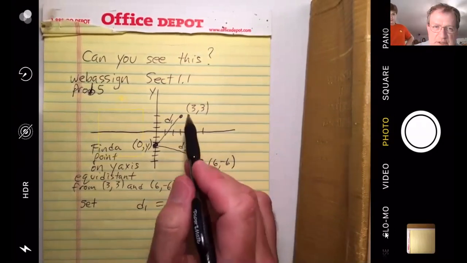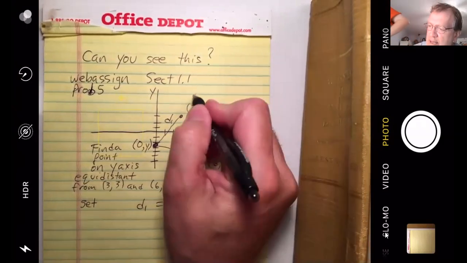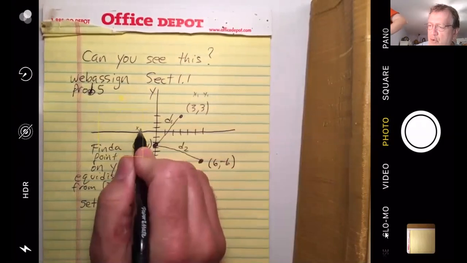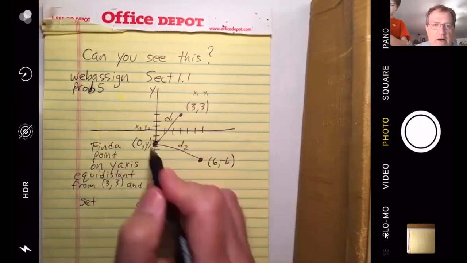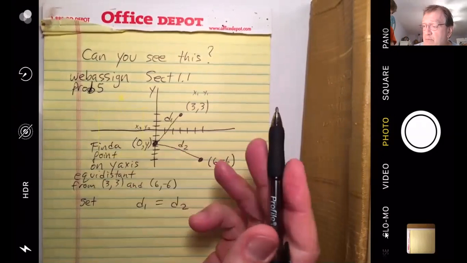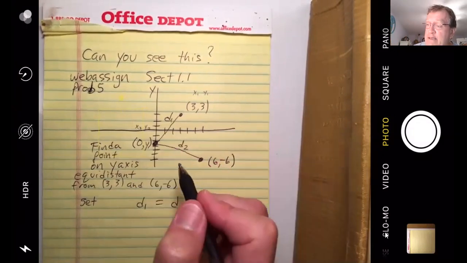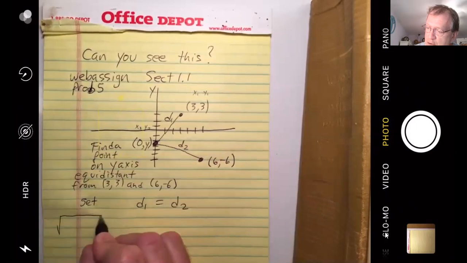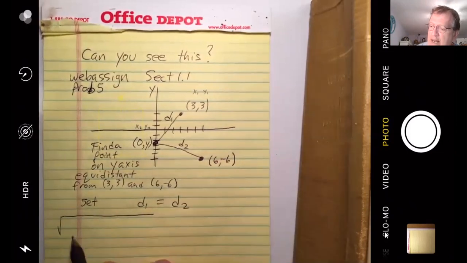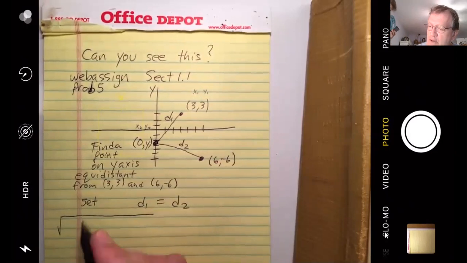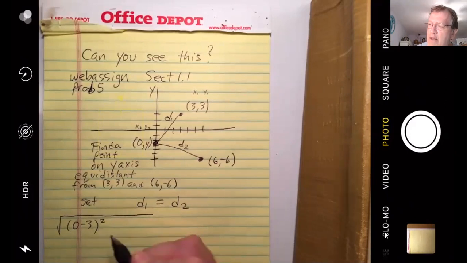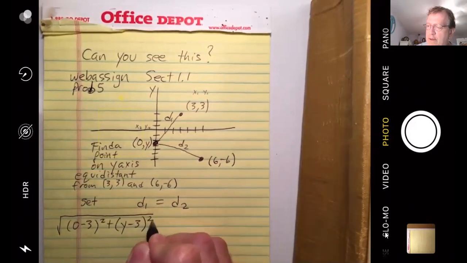Can you all set up a distance formula between, so this is like x1, y1, and this is like x2, y2. Or you can reverse it. You can do it either way. So the distance formula would have a big square root. You got x2 minus x1, so that looks like 0 minus 3 squared, and add y minus 3 squared.